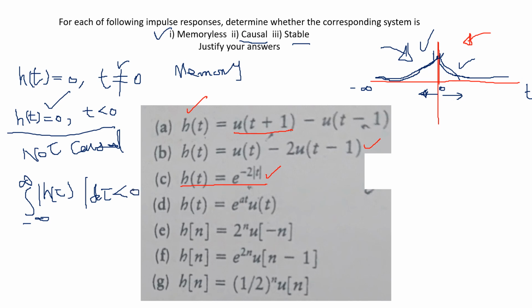If you look at this graph, I hope you can go through it and find that this system has a finite or bounded impulse response. So when it's bounded, this integral is less than infinity, right? So it's bounded, so that means this system is an example of a stable system.